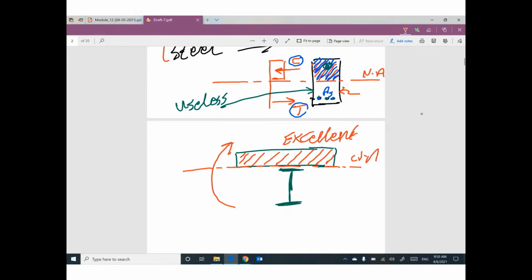The lower part below the neutral axis is under tension, excellent, we have steel. So this cross section is more efficient than this cross section.